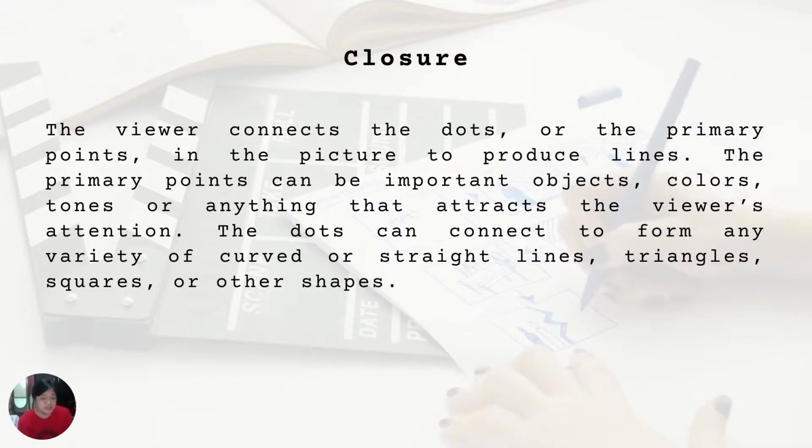It depends on the intention of the director that put those points there. So, of course, as a person who creates the film, you have the control to put in images there to suggest closure or to suggest movement or to suggest lines.